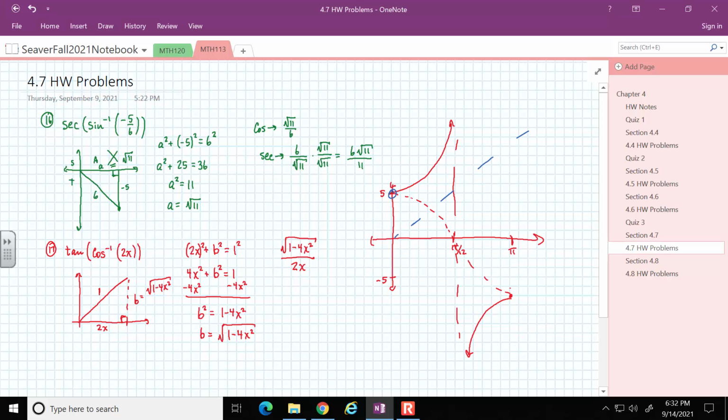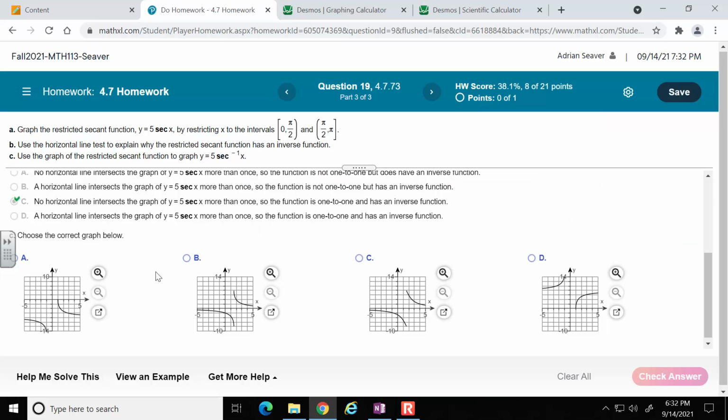If I have this point, it would be 0, 5. If that 0, 5 is on the graph of secant, then 5, 0 would be on the graph of the inverse secant. But 5, 0 is not a point here, not here, not here, and not here. So that's an issue.